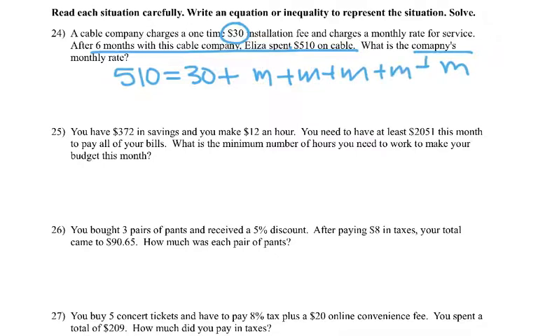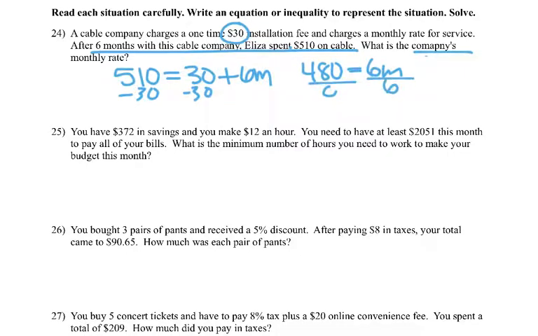So I can write it out like this, or just realize that I can just go 6 times m, and there's my equation. Okay, so then to solve, subtract 30 first. So 510 minus 30 is 480 equals 6m. Divide by 6, and I get 80 actually equals m. So the monthly rate is $80 a month.